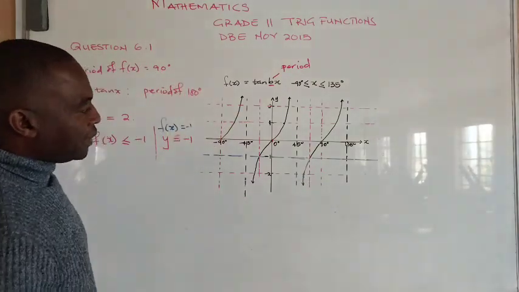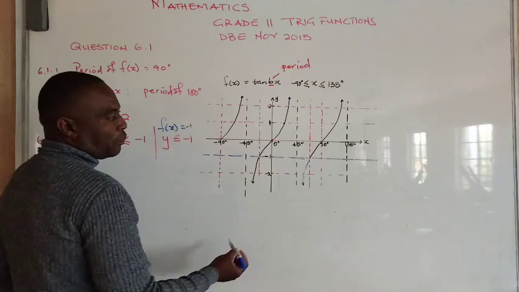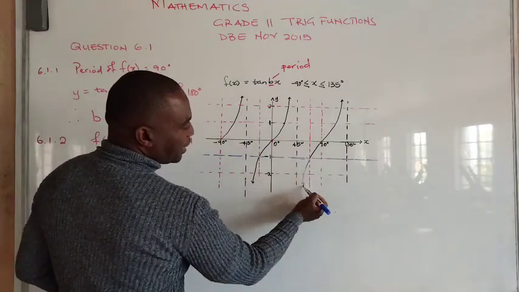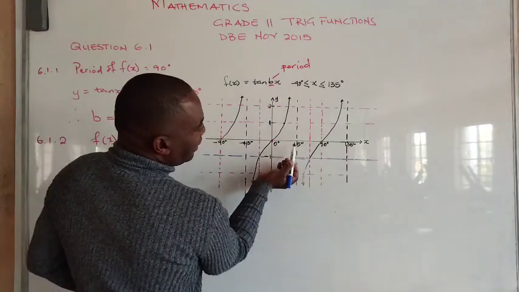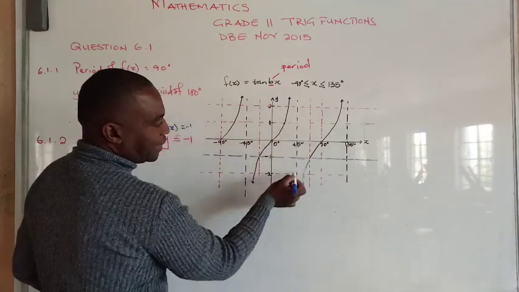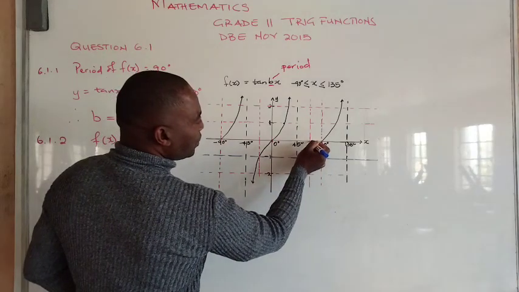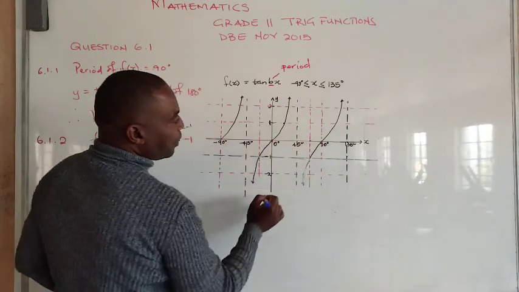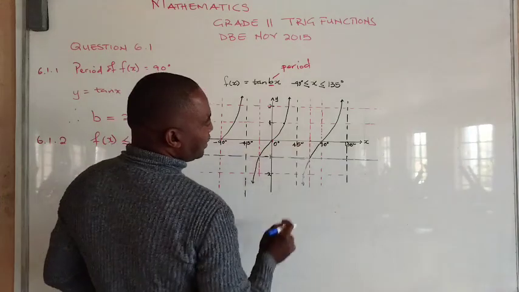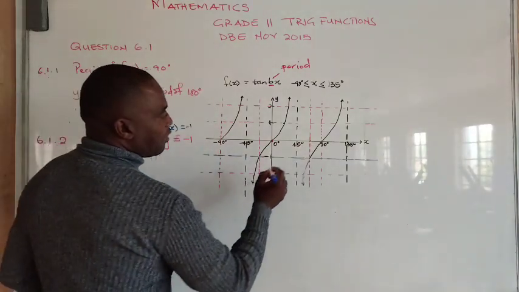So this is the part that we need to describe in terms of x. We can see that the values of x to get this part are starting from just after 45 degrees, because here is an asymptote, until we get to this point, which is 45 plus 22,5, that is 67,5.